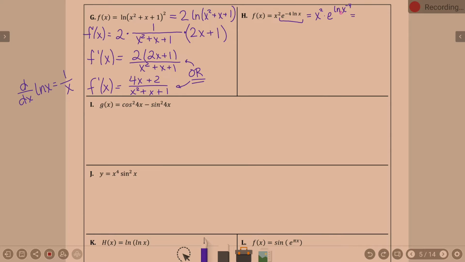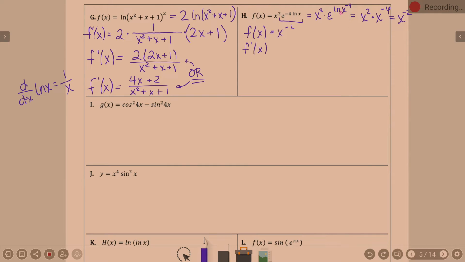So this essentially becomes x squared times x to the negative 4th. What is that? X to the negative 2nd, because 2 plus negative 4 is negative 2. So what we really have is f of x equals x to the negative 2.